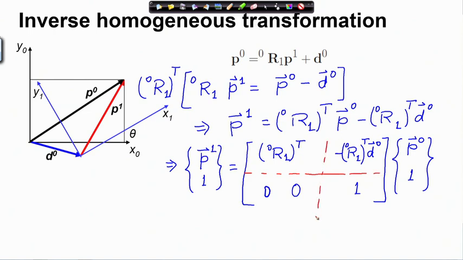So, this is how we decompose the transformation matrix. This homogeneous transformation matrix takes us from 0 to 1.